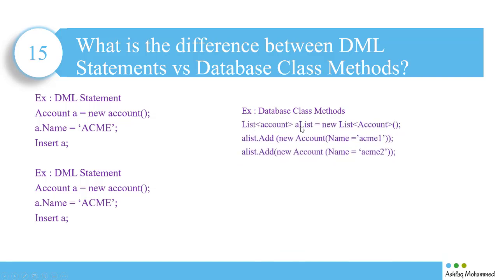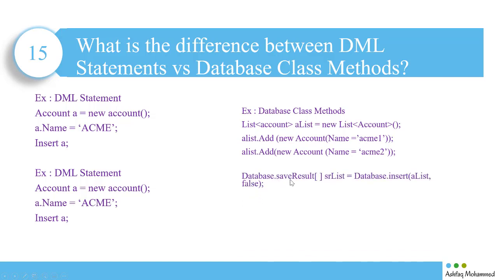We'll write List<Account> aList = new List<Account>(). Basically, I'm declaring a list, and this is also one way to add a record into the list. First I'm adding Acme1, and then I'm adding Acme2. So my list contains two records now, Acme1 and Acme2.